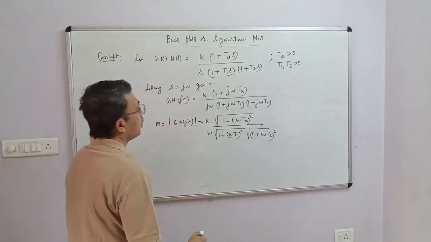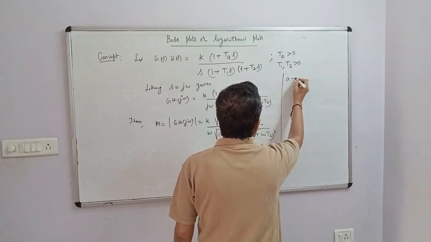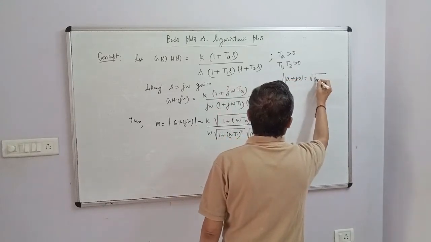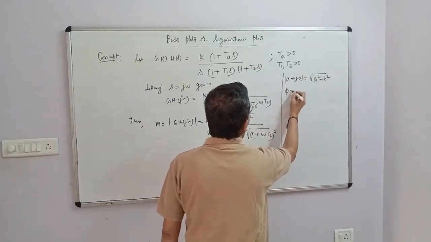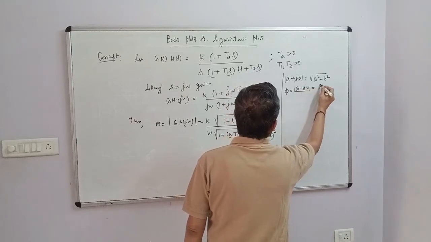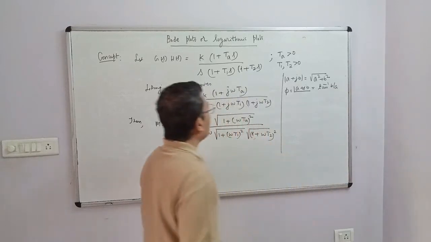This is the magnitude. Please note that the magnitude of a plus jb is equal to root of a square plus b square. Phi is equal to the angle of a plus jb, which is tan inverse of imaginary part by real part.